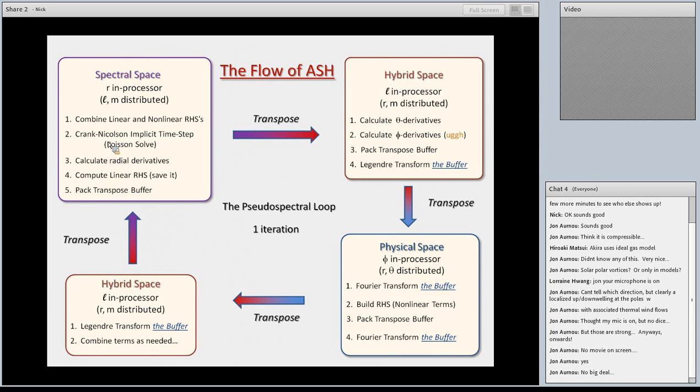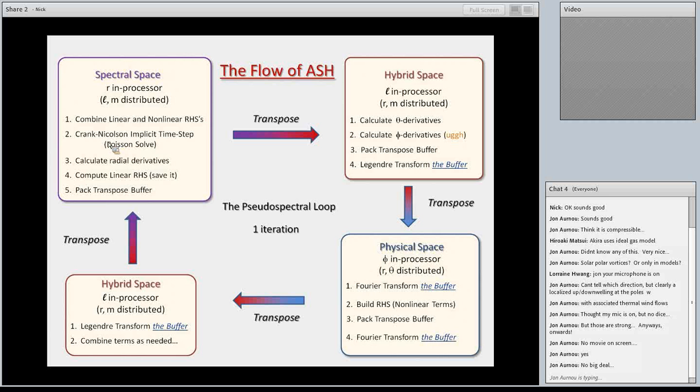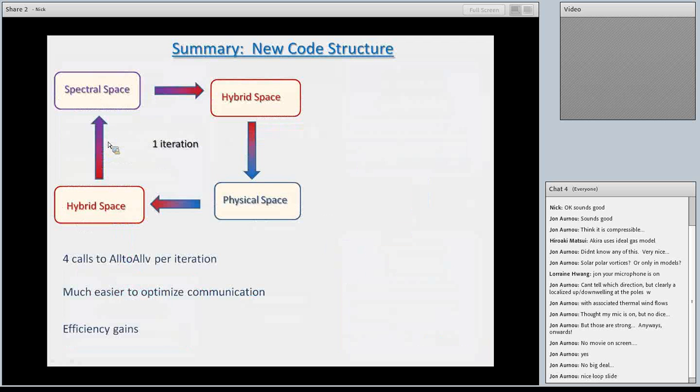I've started calling this the pseudo-spectral loop, and in one iteration there are 4 transposes taking place. So this is what the new code structure looks like. There are 4 all-to-allvs. This is very nice because it's now a lot easier to think about optimizing your communication, since it's only happening in 4 places. You've really limited the number of places in your code you need to go looking if things aren't scaling very well.